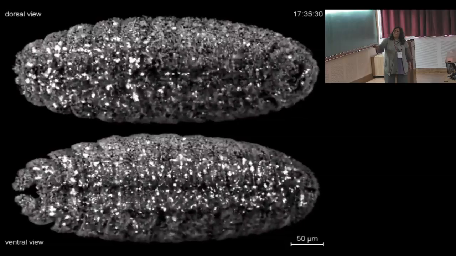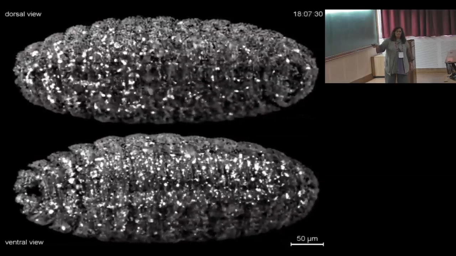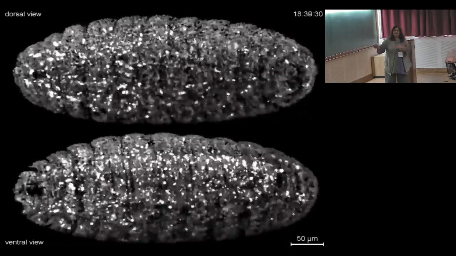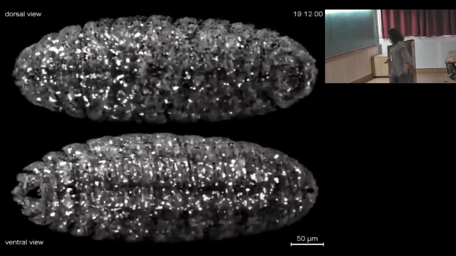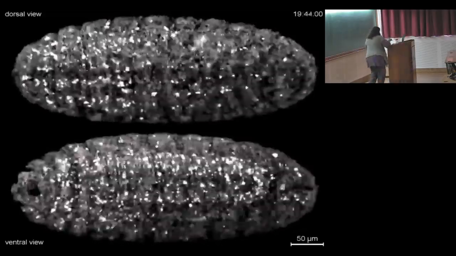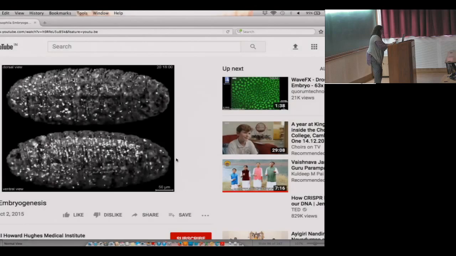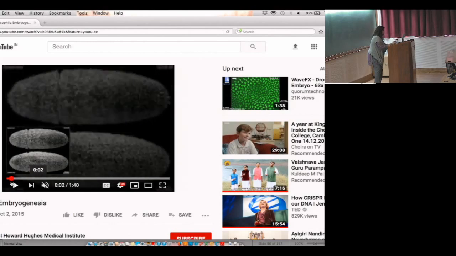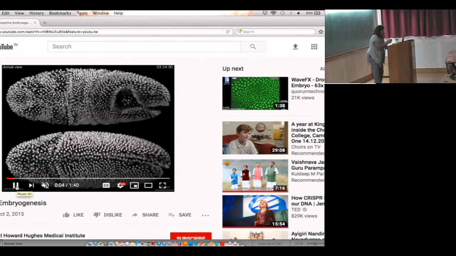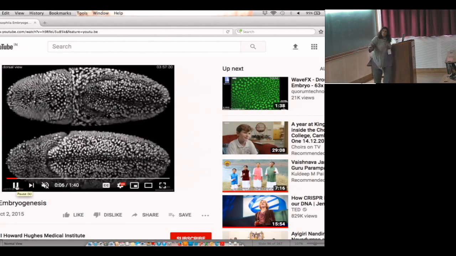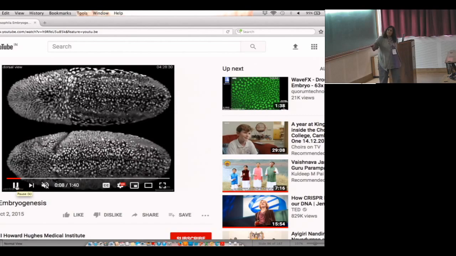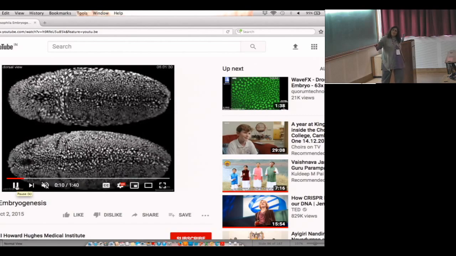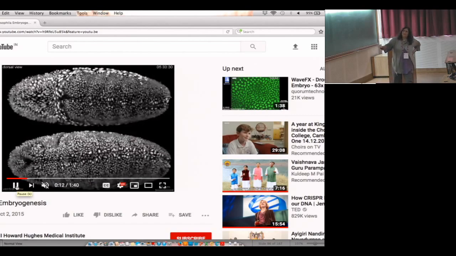And then after that, it makes its way back and returns to the posterior or tail end of the embryo. I'm just going to play it one more time, so that's where the germ band is extending and making its way forward. Good, right?